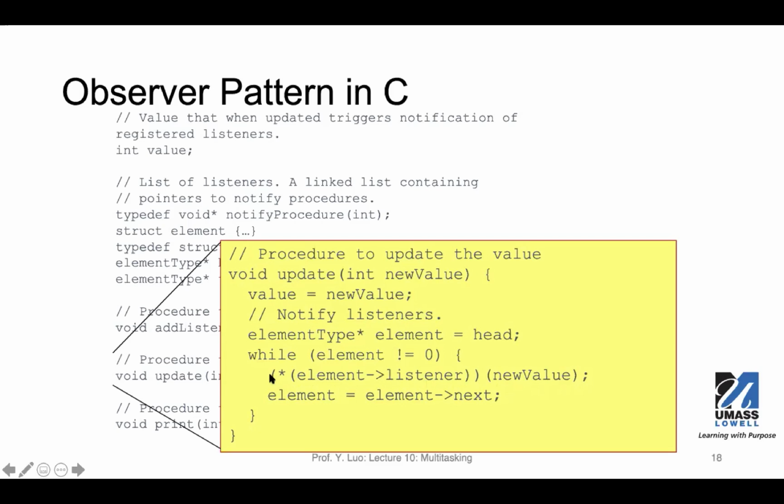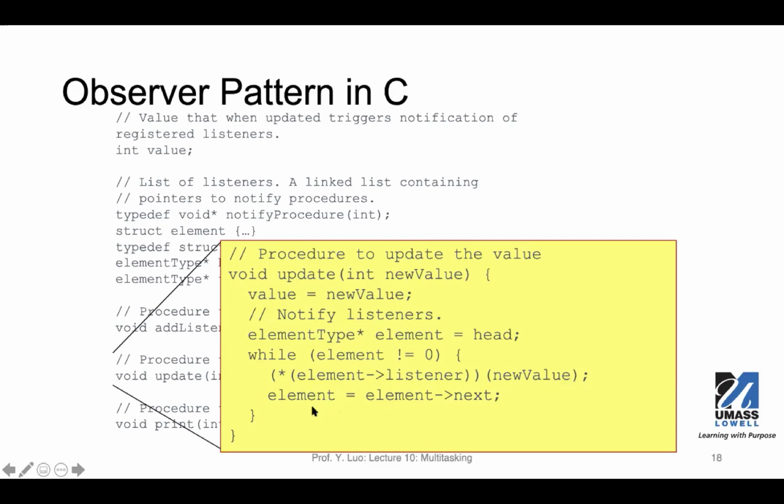Okay, so this is how we do the function calls. If you just use element arrow listener, this is the function pointer. If you want to call the function, you add this parenthesis, and then you will supply the input arguments.